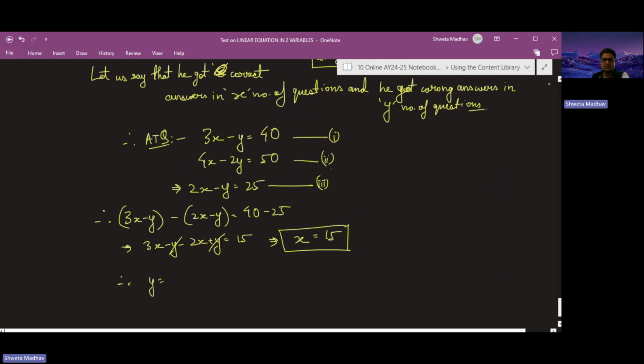And therefore y we need to find out. y is equal to 2x minus 25. So this will be 2 into 15, that is 30. 30 minus 25 is equal to 5. So y is equal to 5.